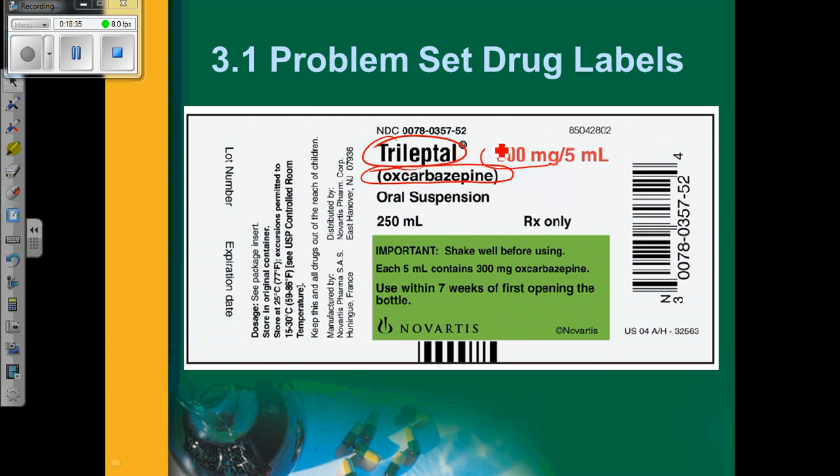Your strength is 300 milligrams per 5 milliliters. The quantity is 250 milliliters. So this is a liquid. The dosage form is going to be an oral suspension. Manufacturer is Novartis. And this right here just shows it has to say that it's Rx only, prescription only. It is to be stored at room temperature. And then of course your NDC number.